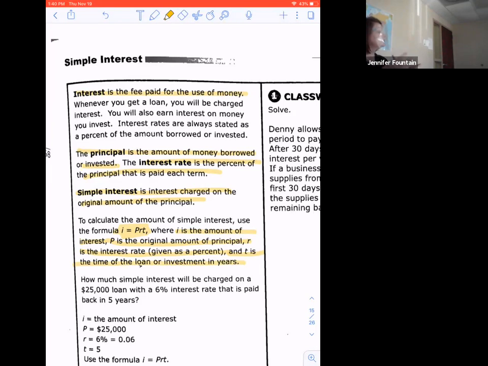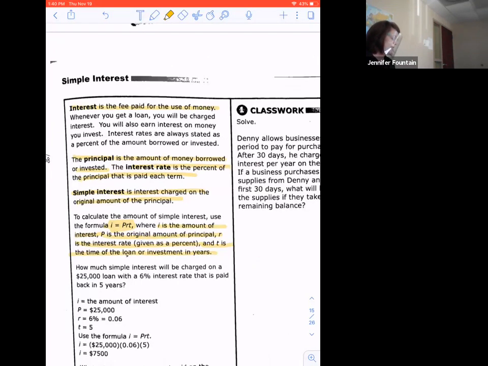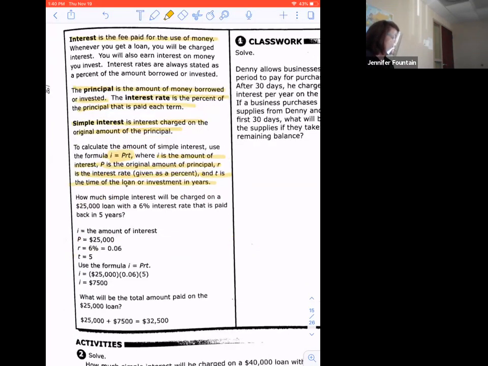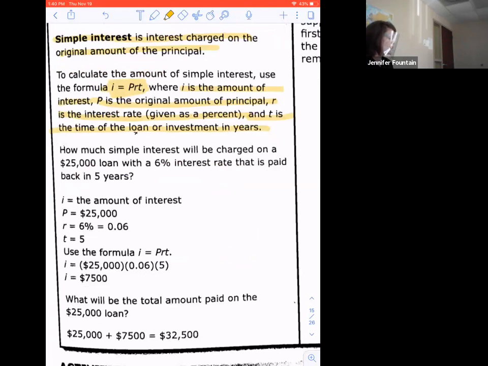So if they said 6 months, I would need to convert that, and that would be 1/2 of a year, okay? Alrighty, so basically in this problem, it says how much simple interest will be charged on a $25,000 loan with a 6% interest rate that is paid back in 5 years.